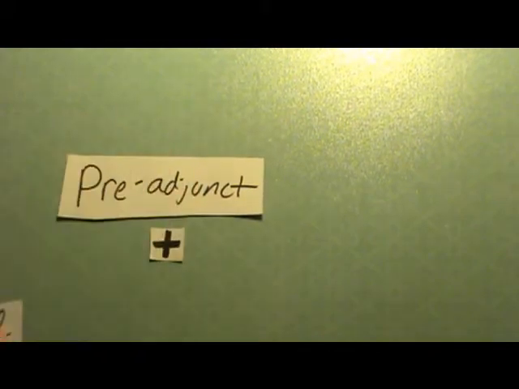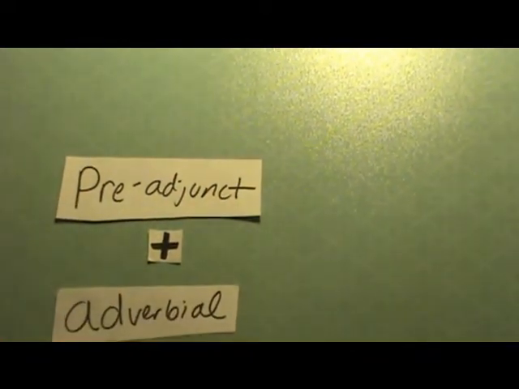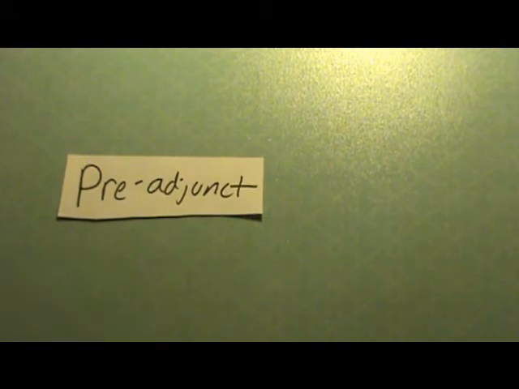Now that we know what a pre-core is, we can understand that there are two types of phrases that can be in the pre-core. Those two types are the pre-adjunct and the adverbial. Let's take a look at the pre-adjunct.